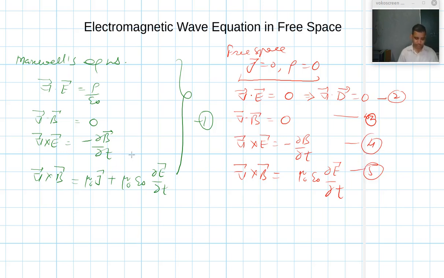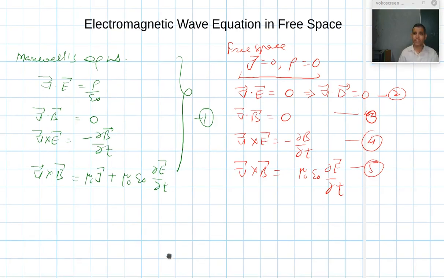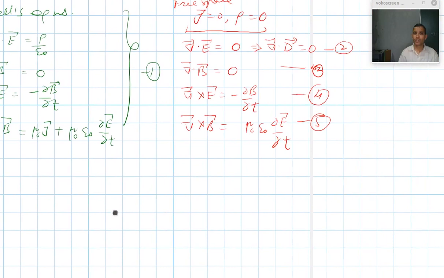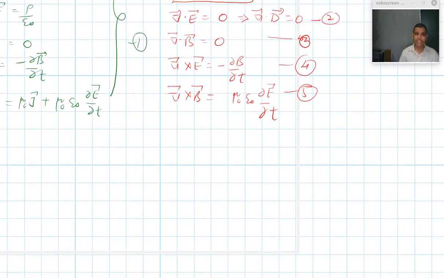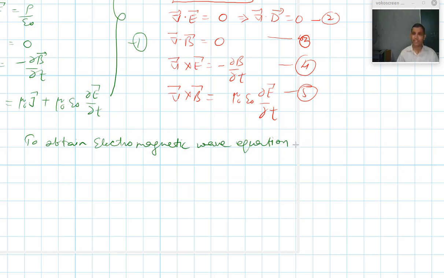So to obtain the electromagnetic wave equation, we eliminate B using 4 and 5, right?